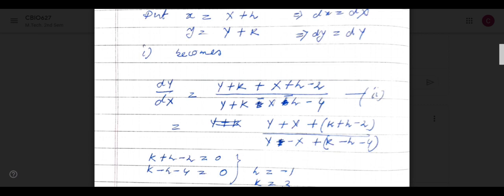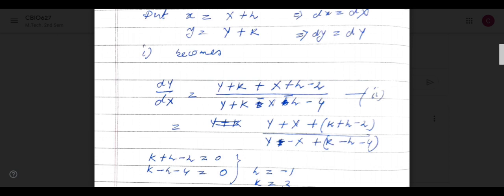So a by a dash is 1 by minus 1. b by b dash is 1, since y is 1. So minus 1 is not equal to 1. a by a dash is not equal to b by b dash.